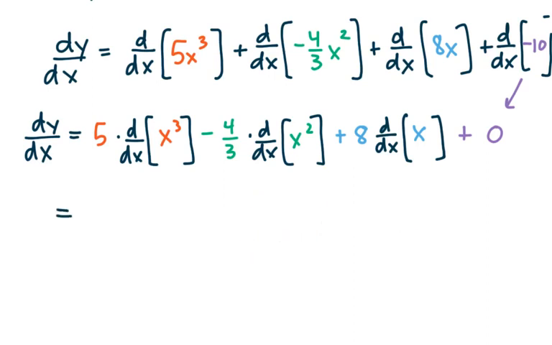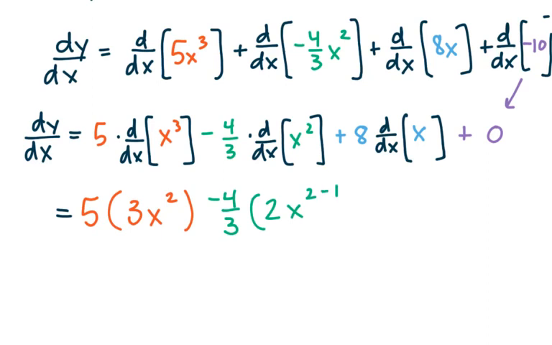My derivative here, I have 5. This becomes 3x to the 3 minus 1. 3 minus 1 is 2. Minus 4/3. Here I have 2x to the 2 minus 1. 2 minus 1 becomes 1, and we do not need to write 1.